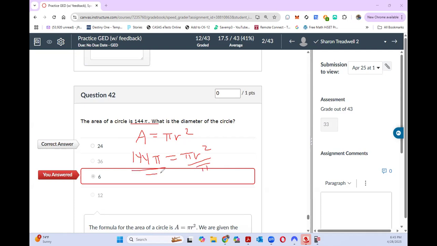Whatever I do to one side, I've got to do to the other. The two pi's cancel on the right, the two pi's cancel on the left. 144 is r squared. The opposite of squaring something is what? Square root. So r is equal to 12. But they're asking for the diameter. The diameter is 24.